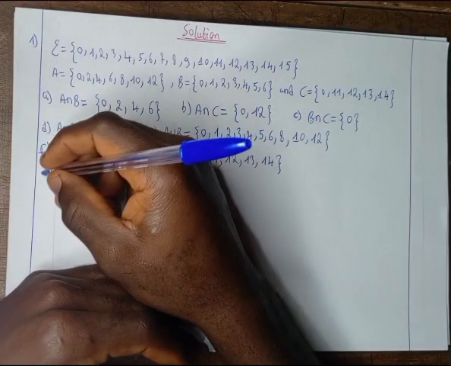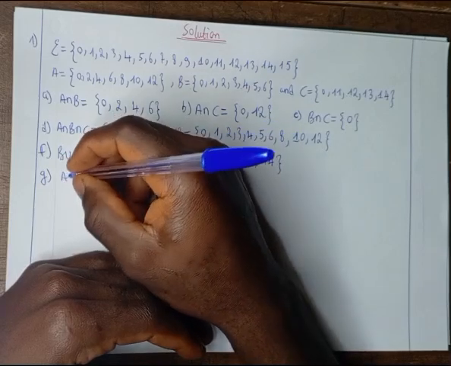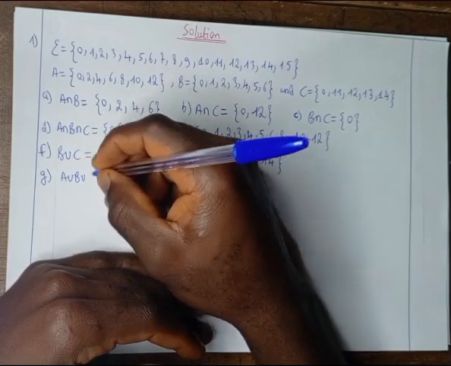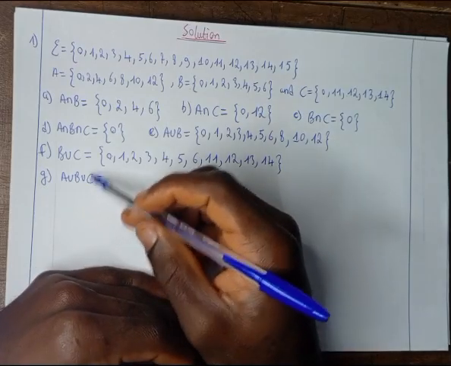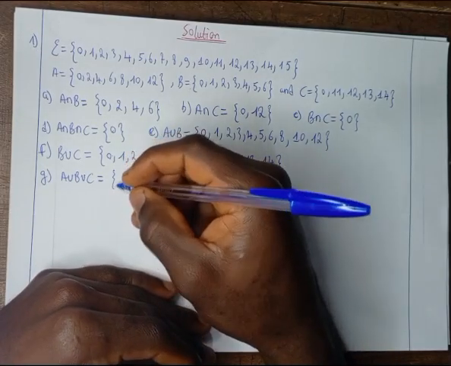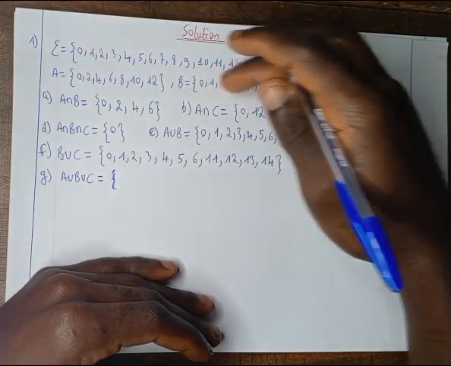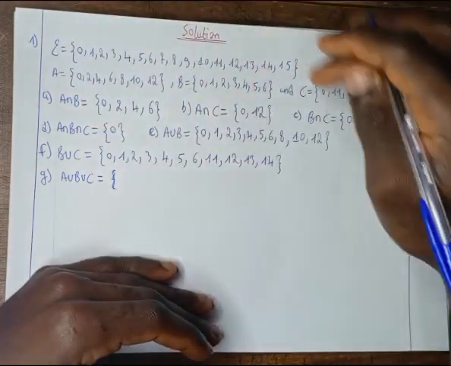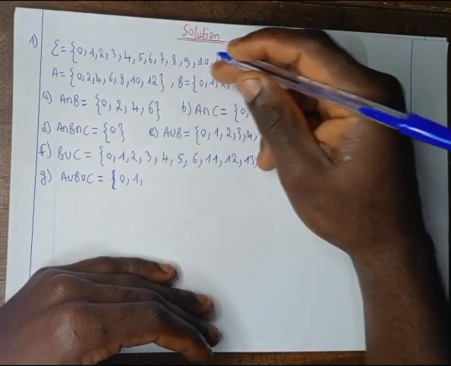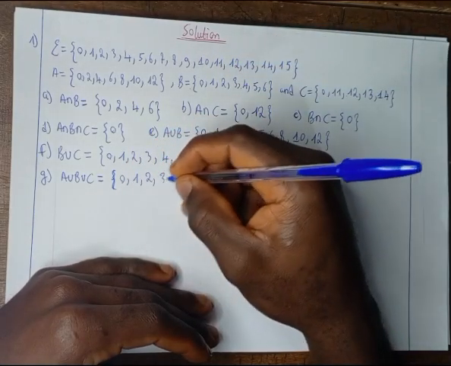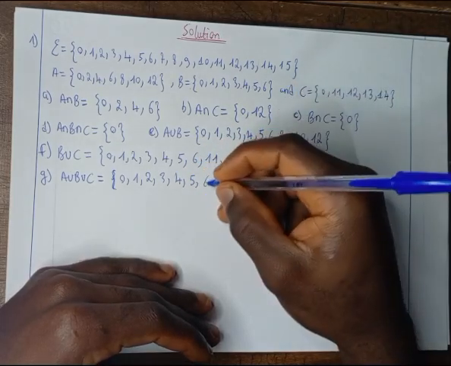We go now to G. We have to write the elements of A union B union C. That means the elements of A or B or C. You're going to write them in ascending order. You're going to write out all the elements of the sets A, B, C. We have 0, 1, 2, 3, 4, 5, 6.